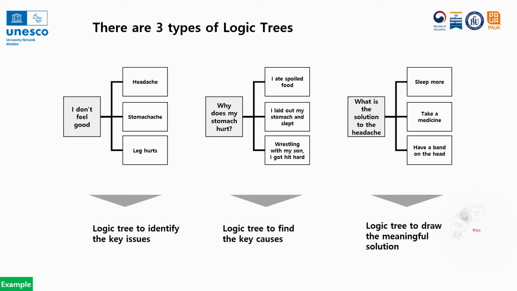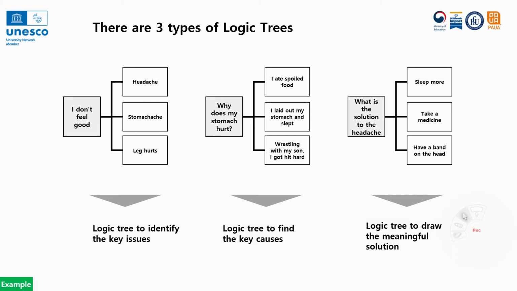So for example, I don't feel good. Okay? And then you can disaggregate the problem into three different issues: headache, stomach, or your leg hurts. So the entire problem is divided into three different issues.